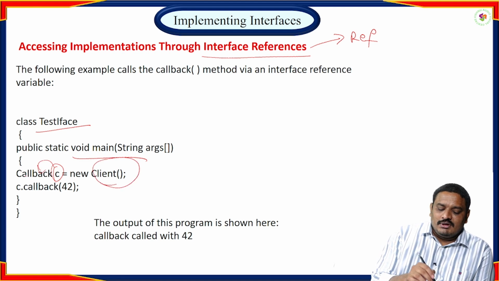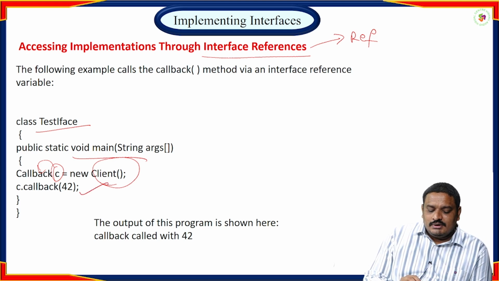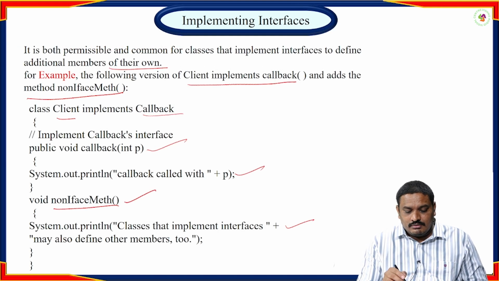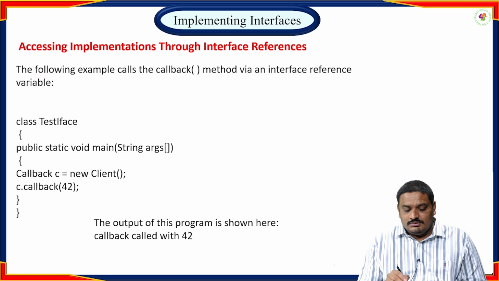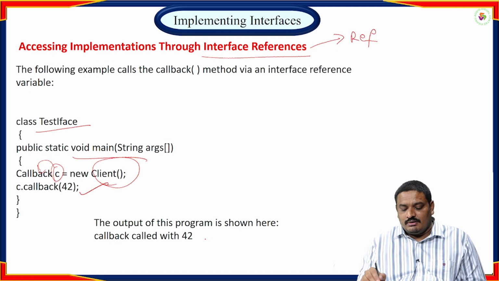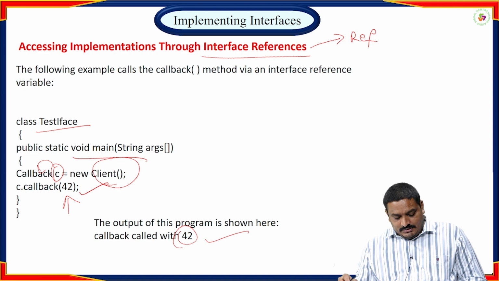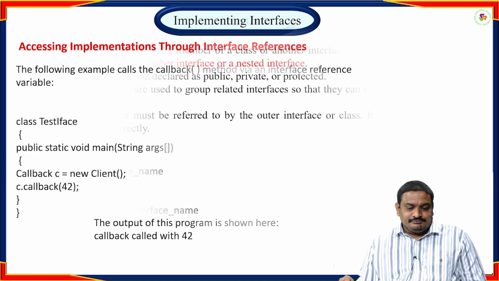The Client has the callback method. Whenever we call the callback method, it goes directly to the previous slide. What is that one? Callback. That message will be displayed. The output of this program is callback called with 42, where 42 is also passed as the parameter. That is implementing interfaces.